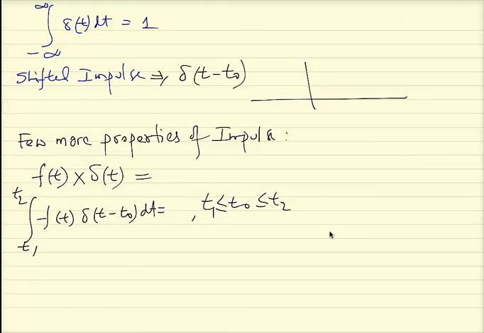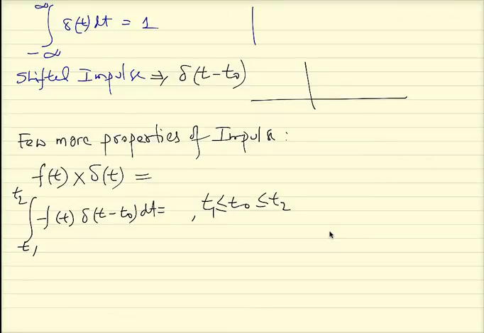So that is another property of delta t. The area under delta t is 1, so you can write it in terms of integration, because you know that the area under the curve is given by integration.